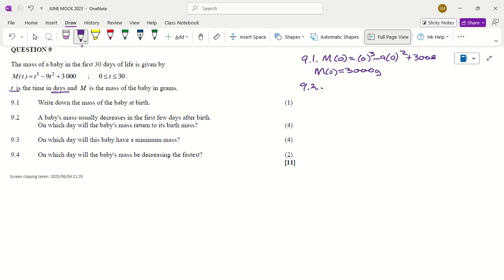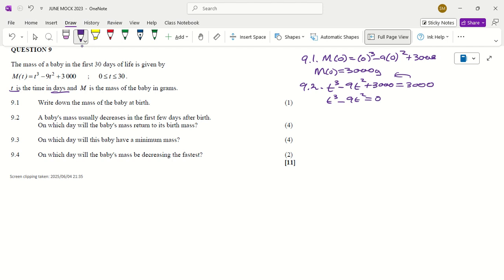So meaning that if we have the equation of the mass of the baby, which is t to the exponent 3 minus 9t squared plus 3,000, then we need to know when does it return to 3,000. So what we can do now, take the 3,000 to the other side, it becomes t cubed minus 9t squared is equal to 0, because these two are going to cancel.